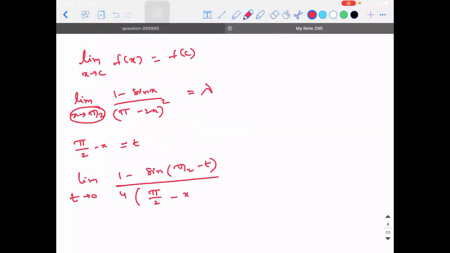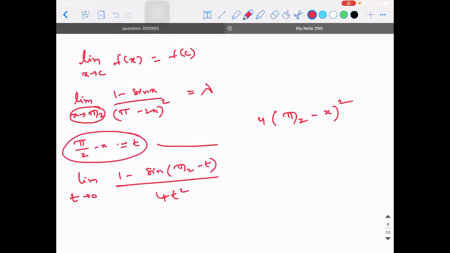Pi by 2 minus x is nothing but t. So can I write it as 4t square? Guys, did you understand what I did? What I did to the denominator is I took the 2 outside. If 2 comes outside, it comes out as 4. Then pi by 2 is inside, minus x is left out, the whole square. But pi by 2 minus x is nothing but t. I substituted it here, and I got 4t square.